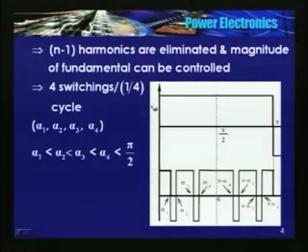Similarly, at pi minus alpha 4, pi minus alpha 3, pi minus alpha 2, pi minus alpha 1. The condition here is alpha 1 is less than alpha 2, less than alpha 3, less than alpha 4, which is less than pi by 2. So there are 4 switchings per quarter cycle, so you can eliminate 3 harmonics and you can control the fundamental.